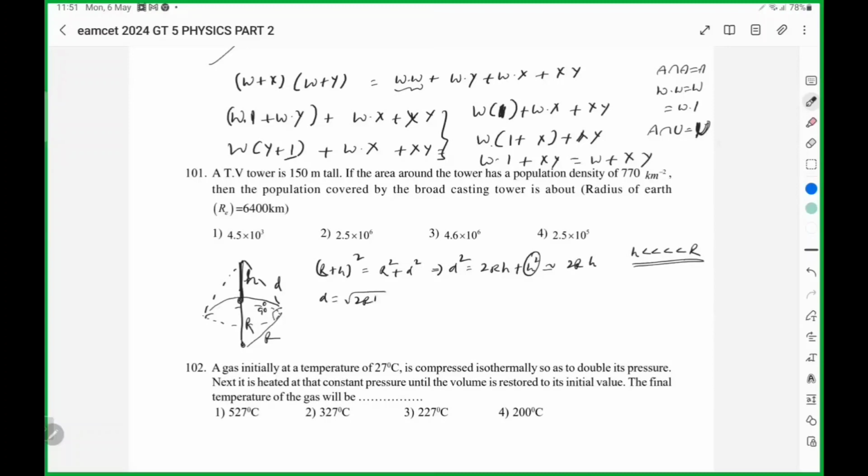So D here is, so the signal can be sent on the surface in a circular region at a distance D. So here is the area around the tower, pi D square, pi into 2RH.